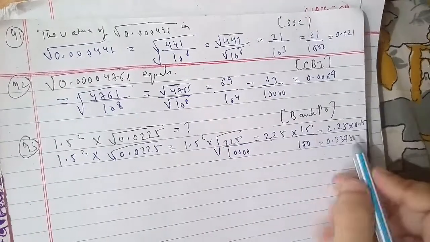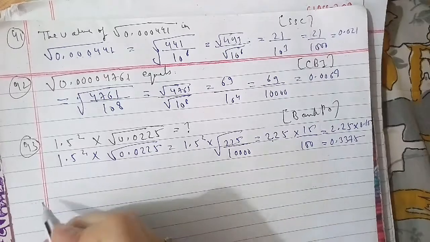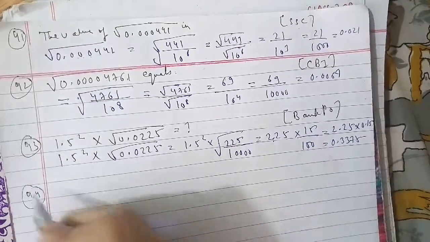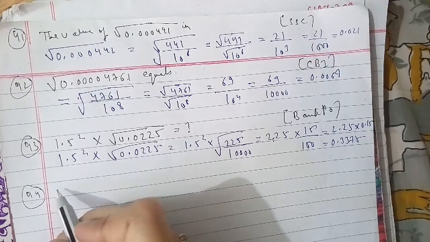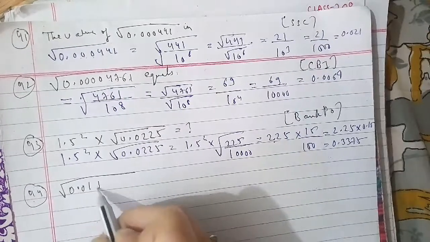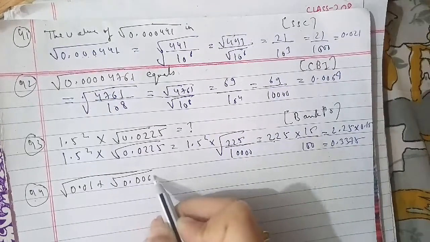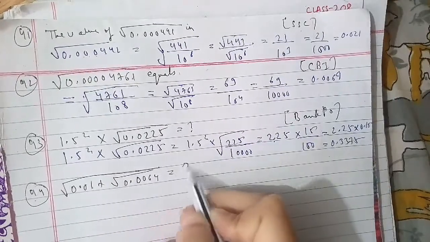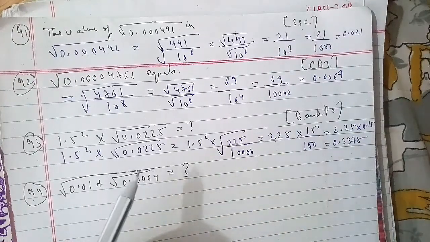Here, under root 0.01 plus under root 0.0064 is equal to under root 0.01 plus under root 64 upon 10000, which equals under root 0.01 plus 8 upon 100.